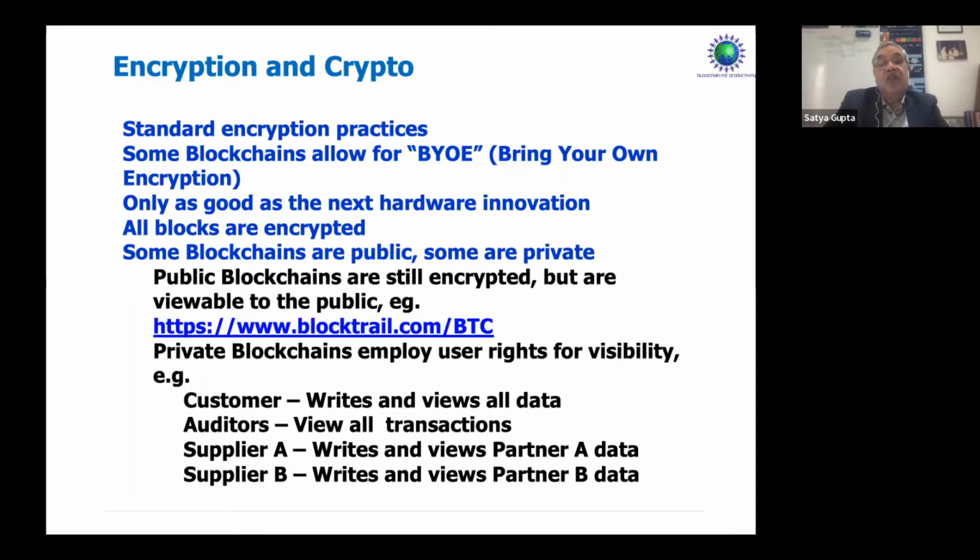By using that, you can either write only, or view only, you can view a few transactions only, or your own transactions, or you can view all transactions. So different rights can be given to a user. That is another attribute of the blockchain.